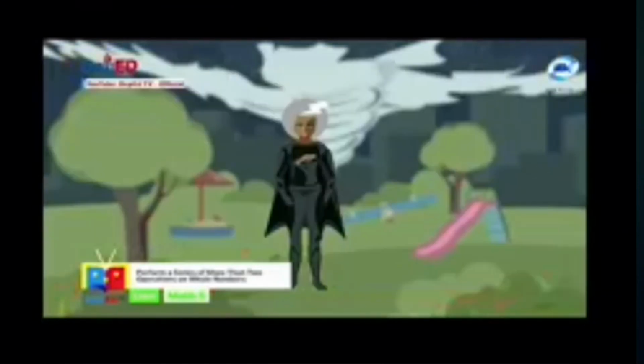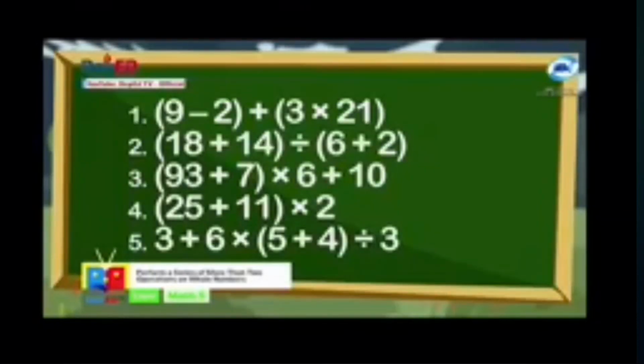Math heroes, it's time to check your answers. Number 1. (9 minus 2) plus (3 times 21) is equal to 70.